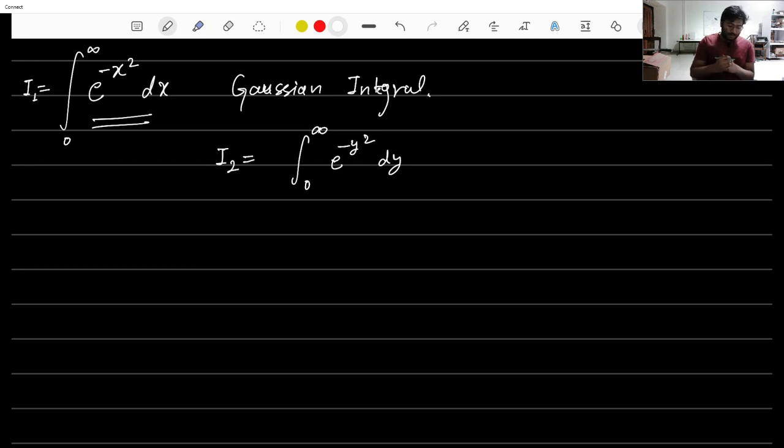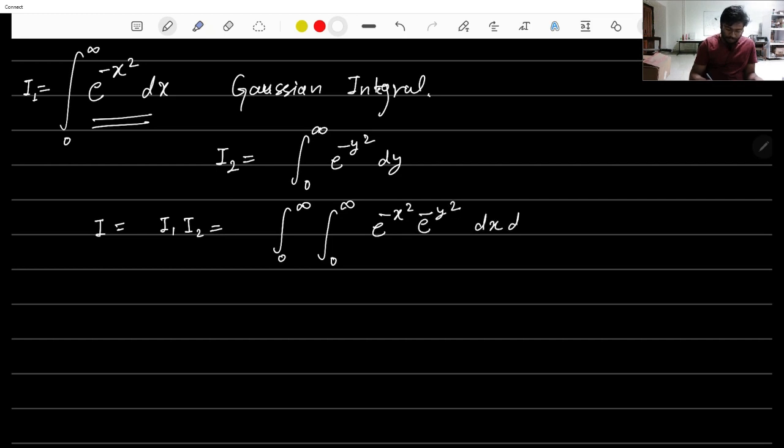We are going to take the product I equals I1 times I2. So this integral will look like a two-dimensional integral, e to the power minus x square minus y square dx dy. Fine. Now we are able to evaluate this integral.